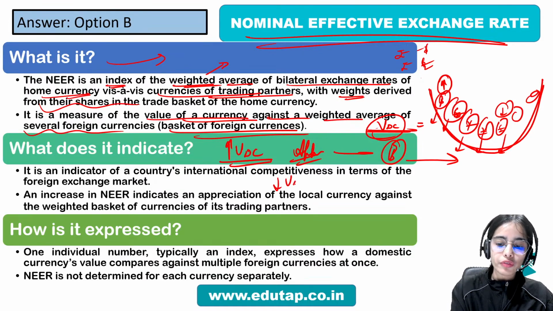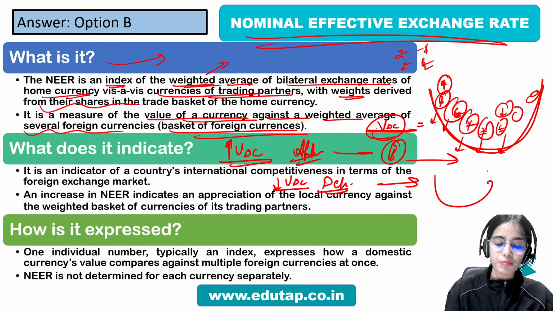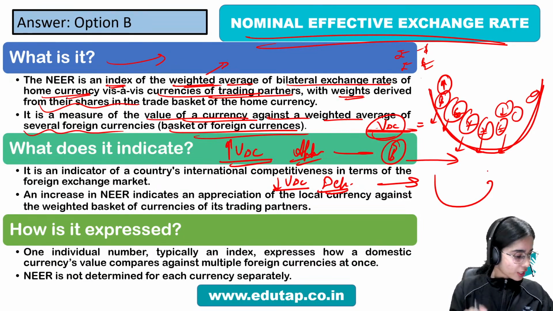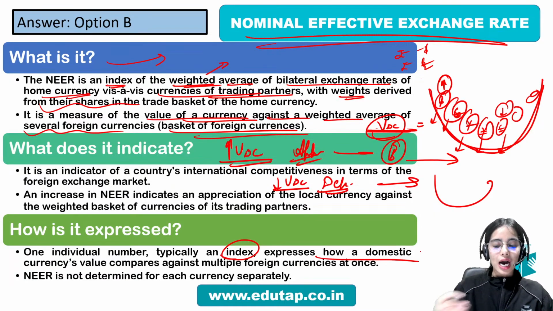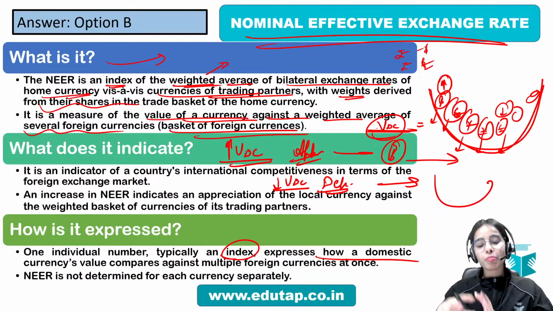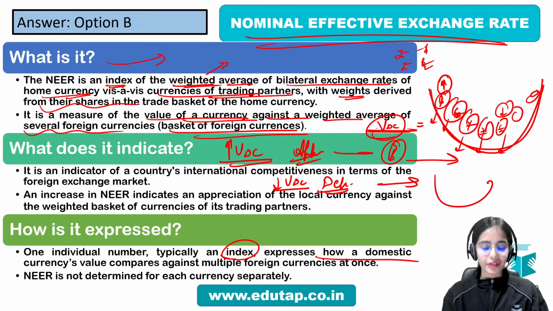If the value of the domestic currency is high, our currency is appreciating against the whole basket. If it is decreasing, our currency is depreciating against the basket. I hope this is clear: this is an index that shows how strong our currency is in comparison to multiple foreign currencies and trading partners.